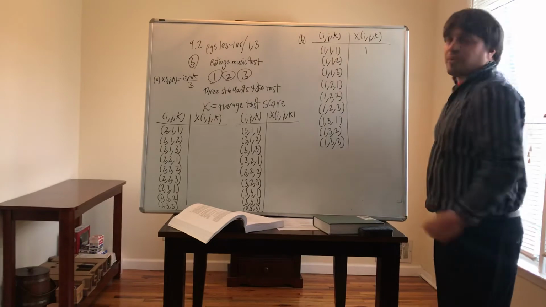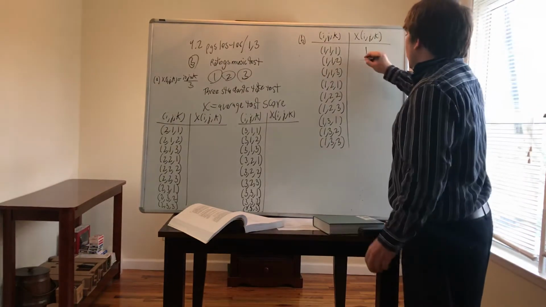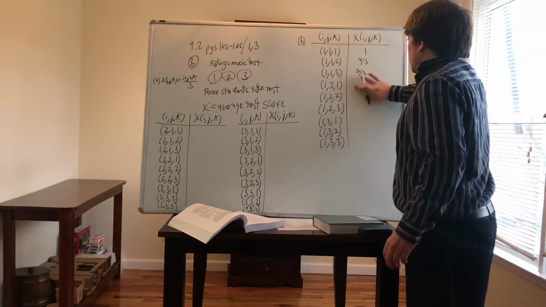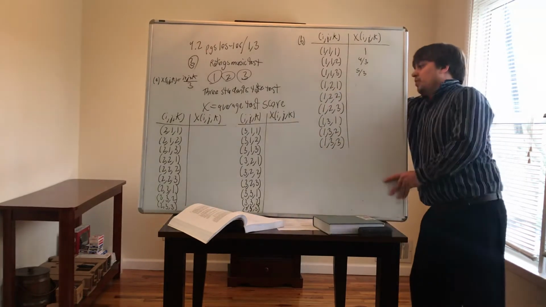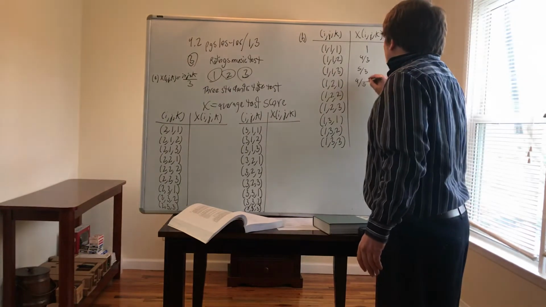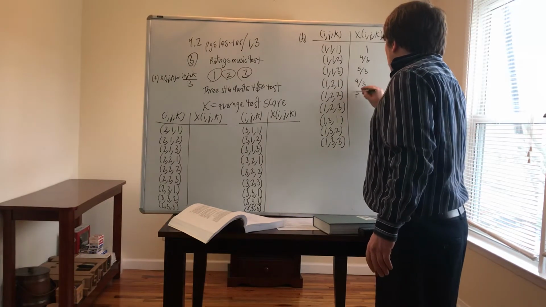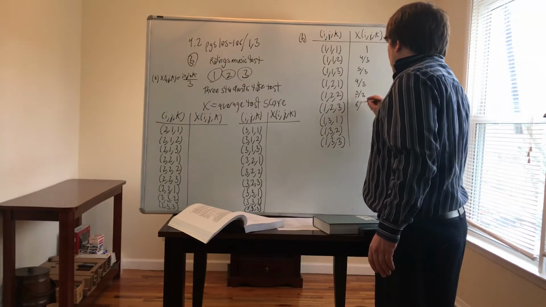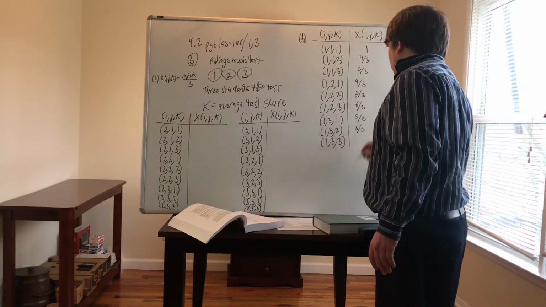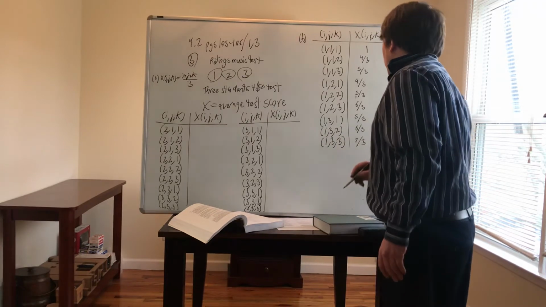So add these up: 3 divided by 3 is 1, then 4 over 3, 5 over 3. Sorry. 4 over 3, 5 over 3, 6 over 3, 5 over 3, 6 over 3, 7 over 3.